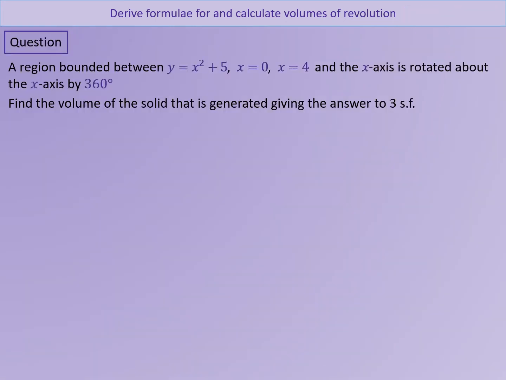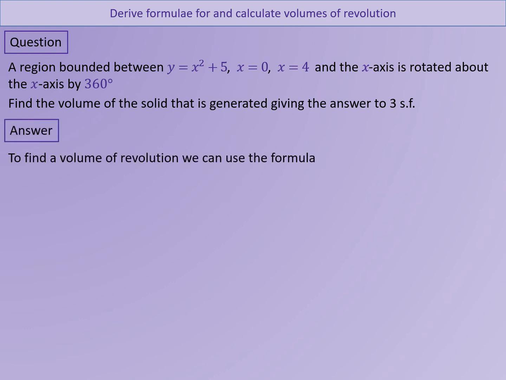So we can now find the volume of revolution formed when the region bound between the curve y equals x² plus 5, x equals 0, x equals 4, and the x-axis is rotated around the x-axis. We want to find this volume and then give the answer to 3 significant figures.